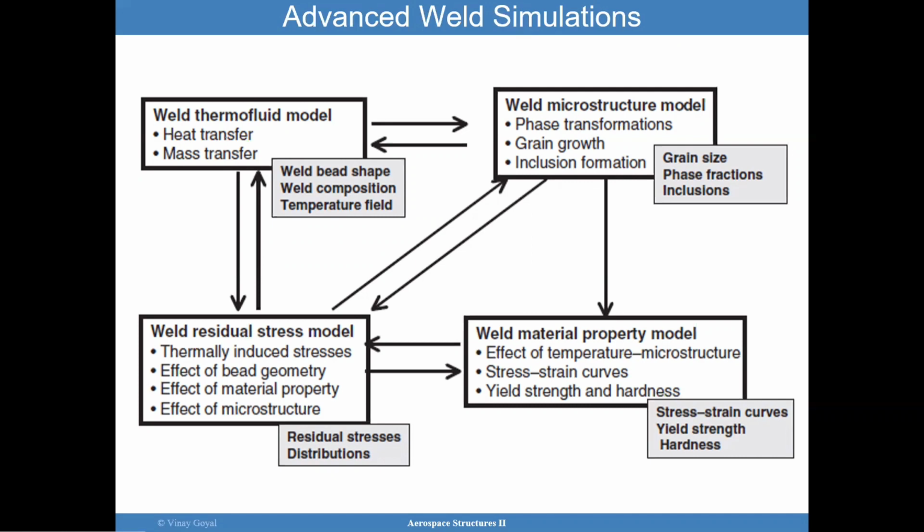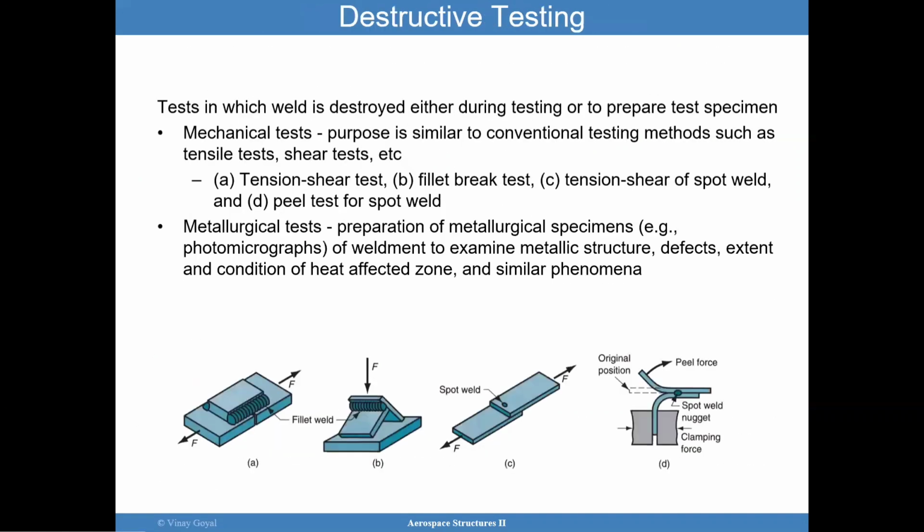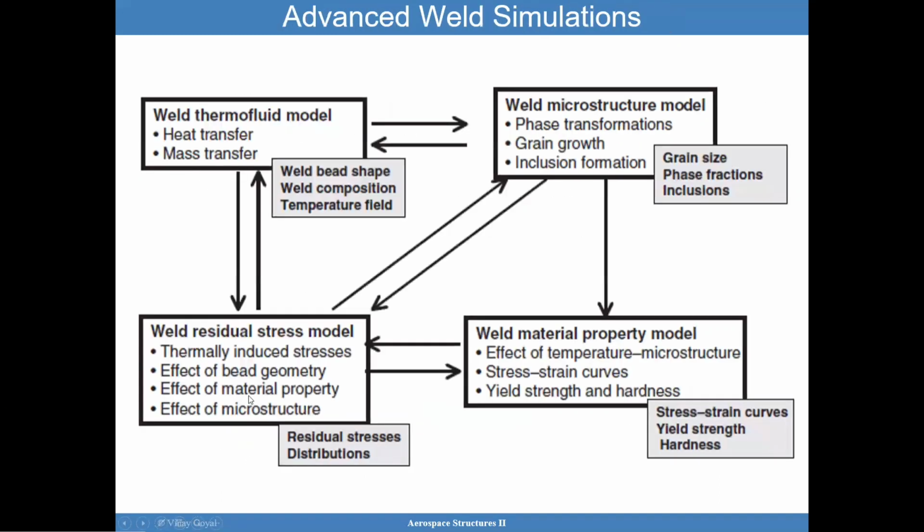But if you really want to understand what is going on with the weld stresses, with high attention to detail, rather than using a macro approach, which is to test welded samples like this and get allowables that can then be applied to a system, that's one way. But if you want to learn more about what the weld is doing, then you need to start looking at weld microstructural modeling, which accounts for phase transformations and grain growth.